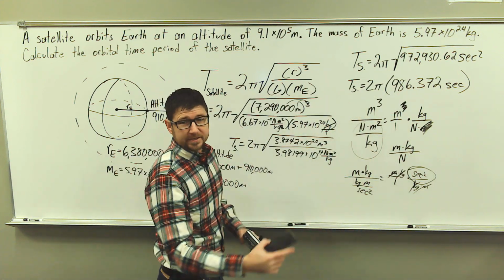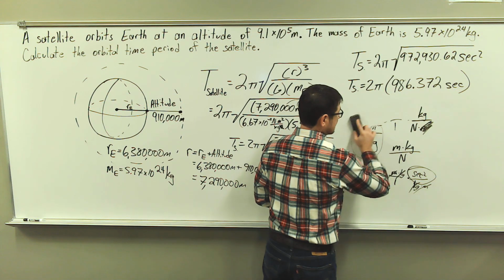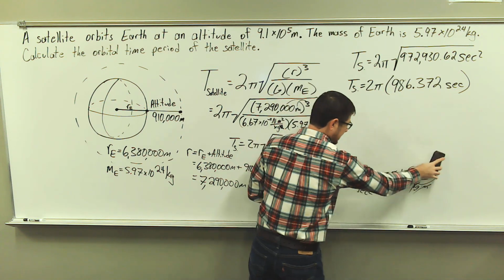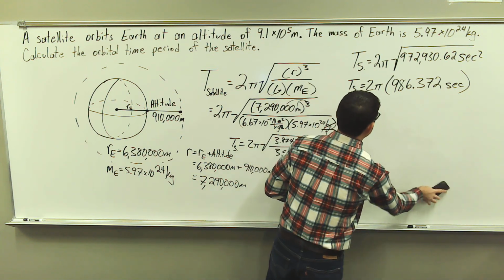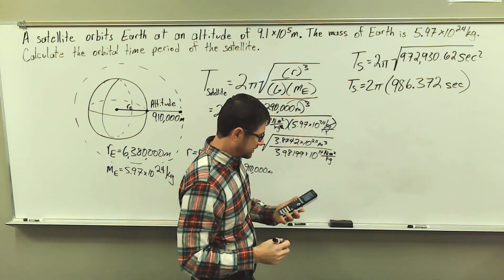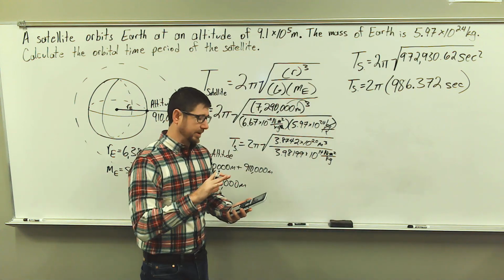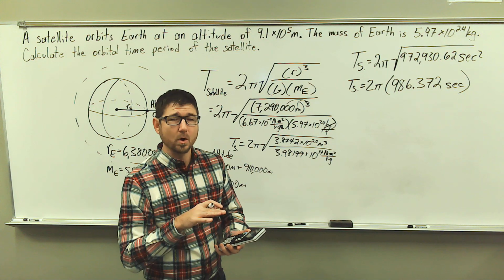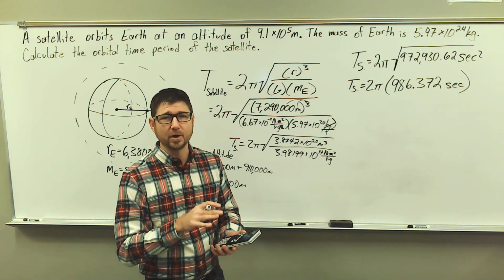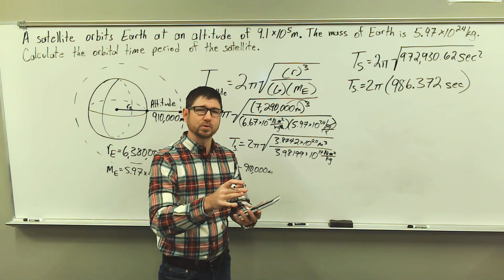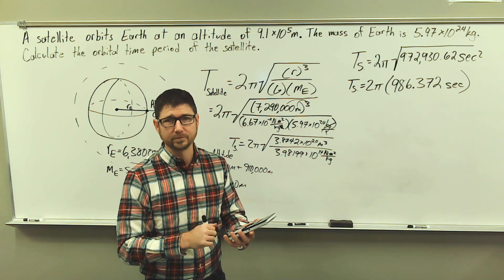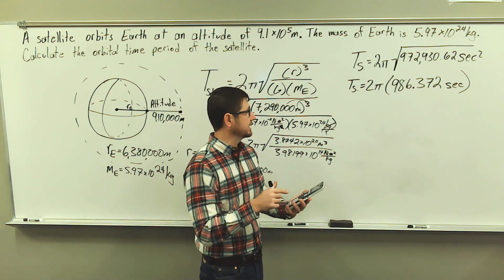Okay? I'm running out of room here, so I'm going to go ahead and erase our unit cancellation here. So this value times 2 pi, and remember, when you're completing these problems, you always need to use the pi key on your calculator. Don't just take a shortcut and say times 3.14. Okay, let's use the pi key.